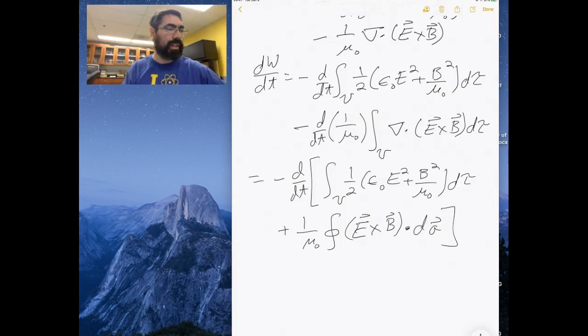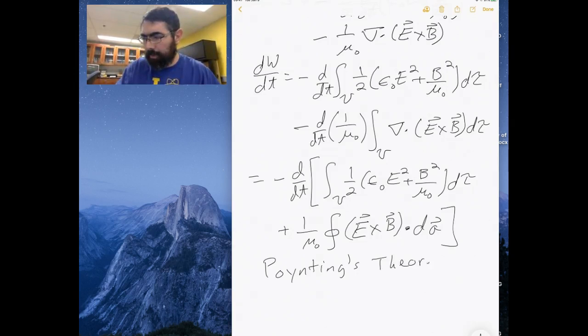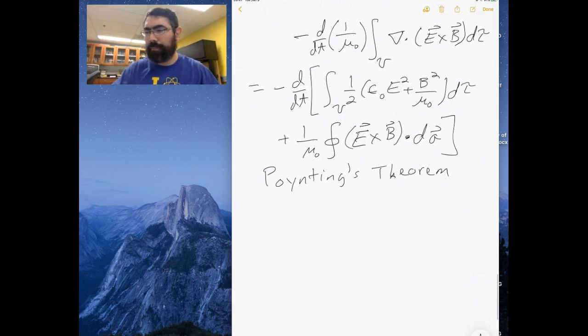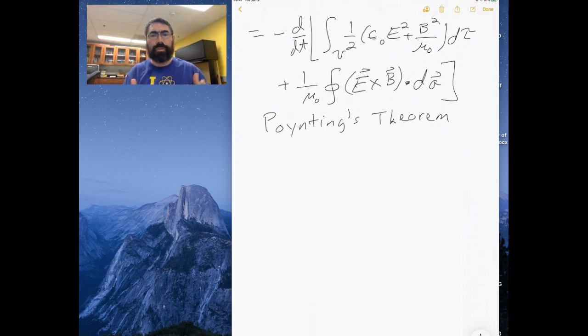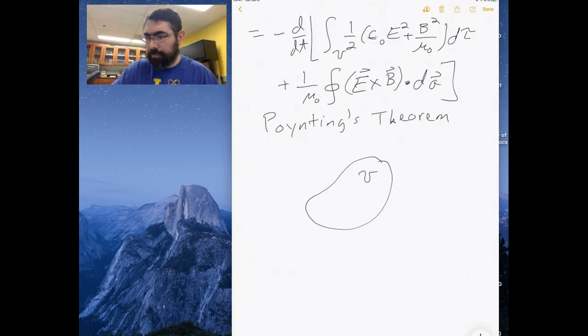Okay, so if I look at this, what do I have? What I essentially have is what's called Poynting's theorem. So I now have these two terms. I have a volume term, and I have a surface area term. Inside the volume, I've got the energy density.